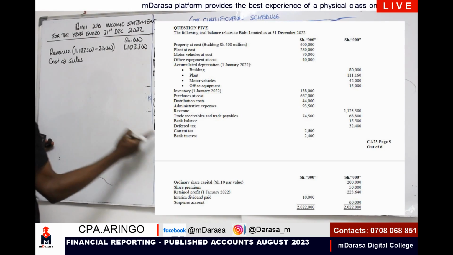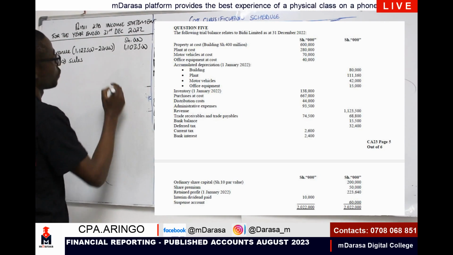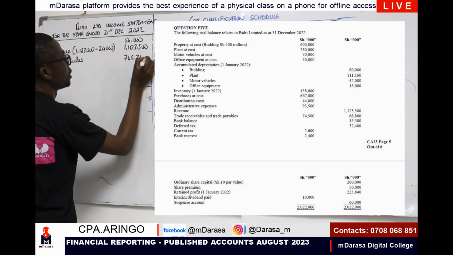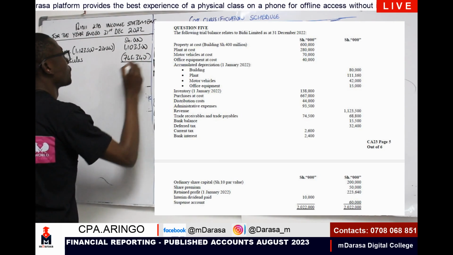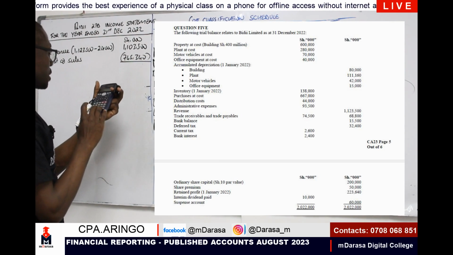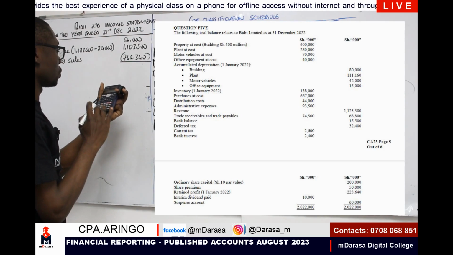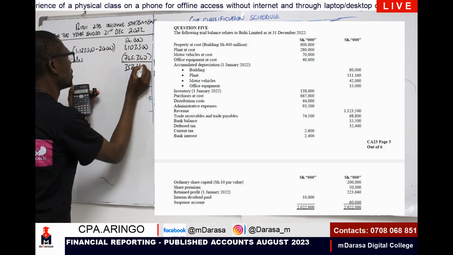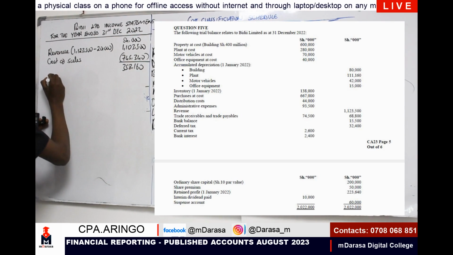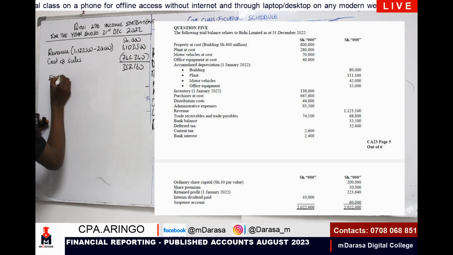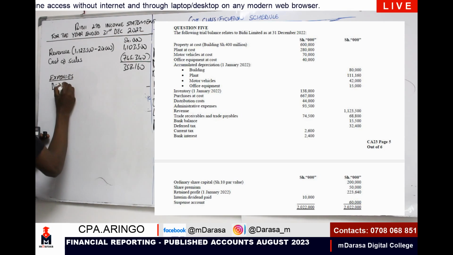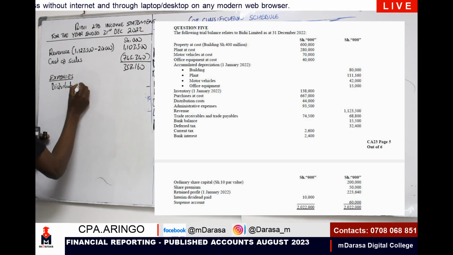Quickly copy and paste. We have it here, 745,340. So minus 745,340, giving 358,160. We have our expenses, which we are going to start with distribution cost.